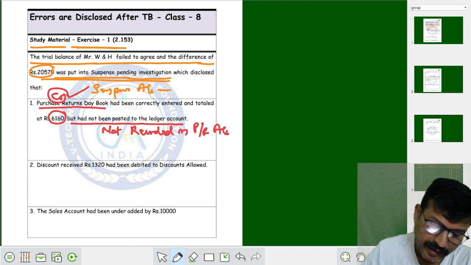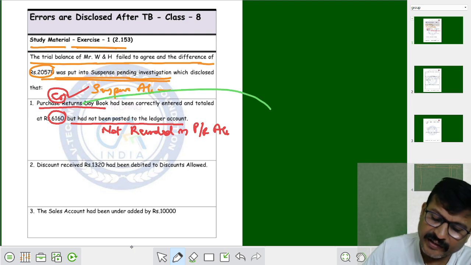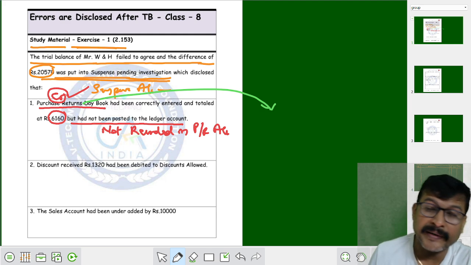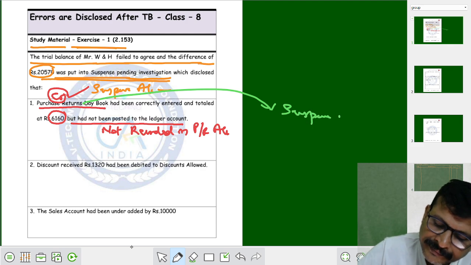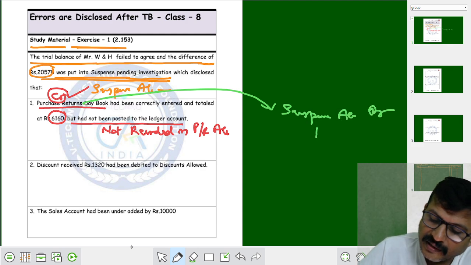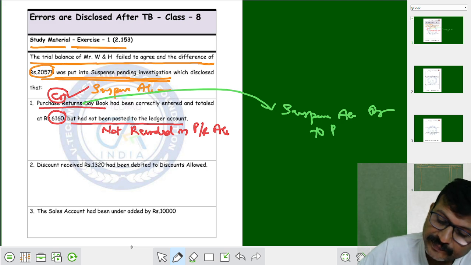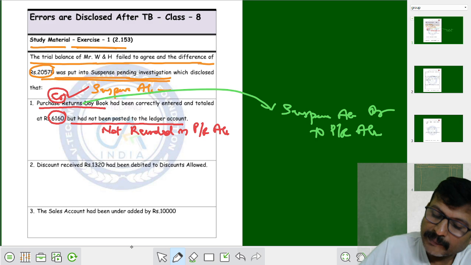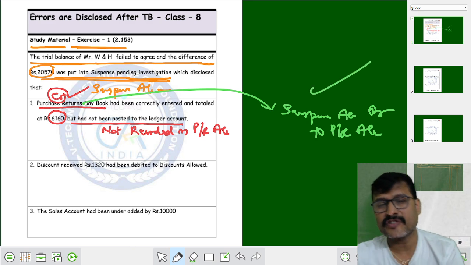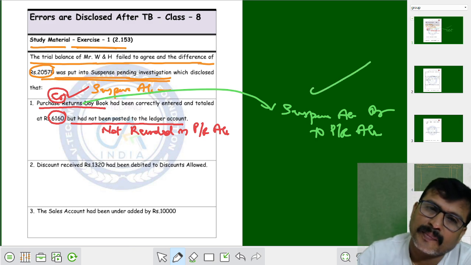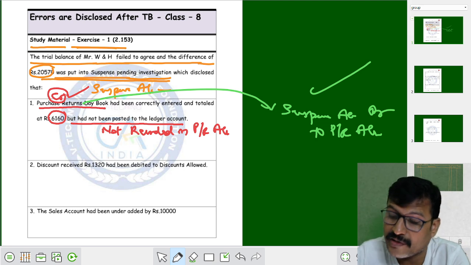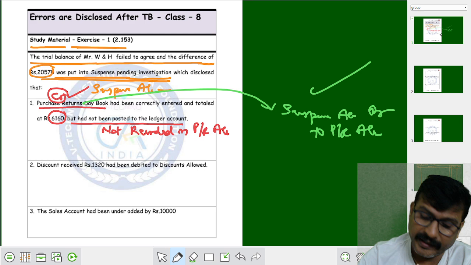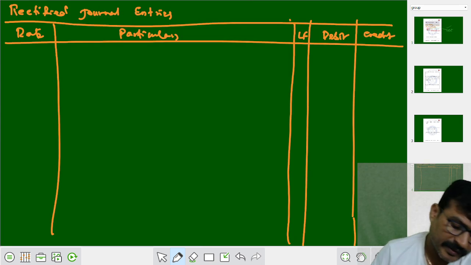So when you are recording, what is the journal entry for this? It is to be taken on the credit side. So what is to be taken on the debit side? That is suspense account debit to purchase returns account, the first journal entry for this particular problem, as you have not posted it in the ledger.